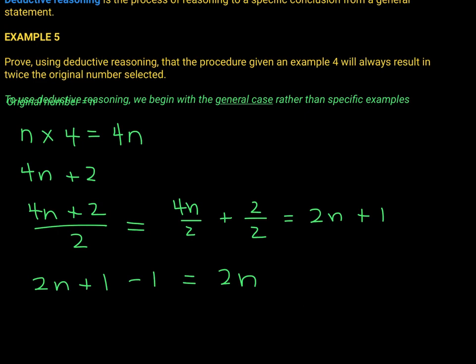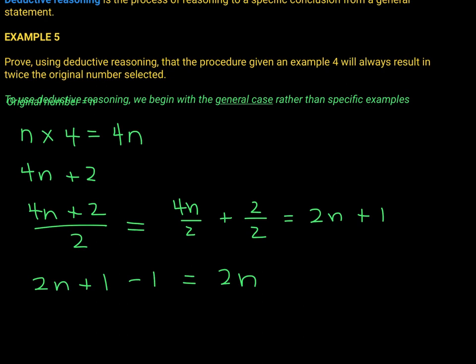We didn't prove it. We made a prediction or a conjecture that that statement is true, but we didn't actually prove it. Deductive reasoning is the type of reasoning that is actually proving the statement, proving that you get twice the original number.